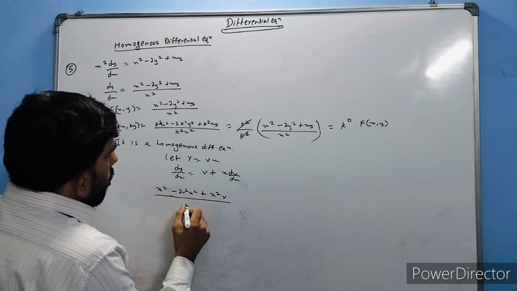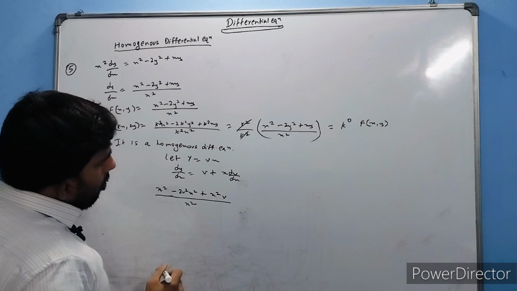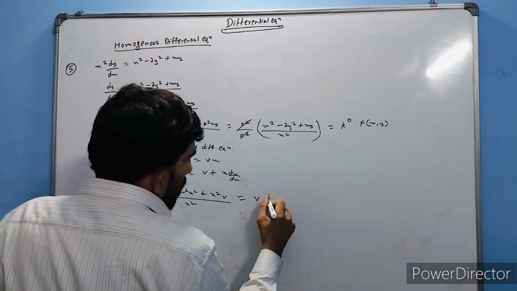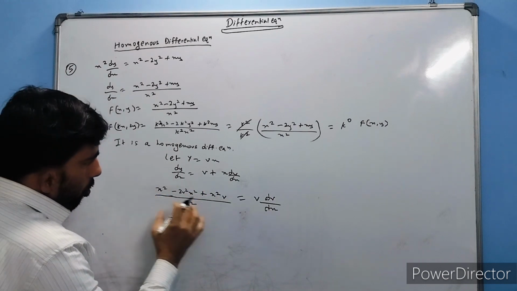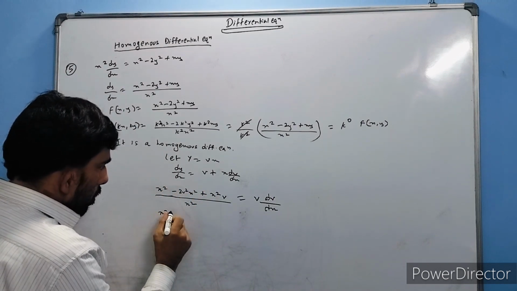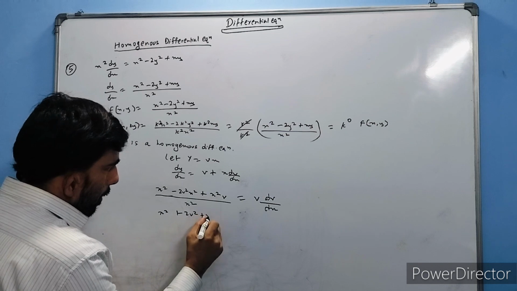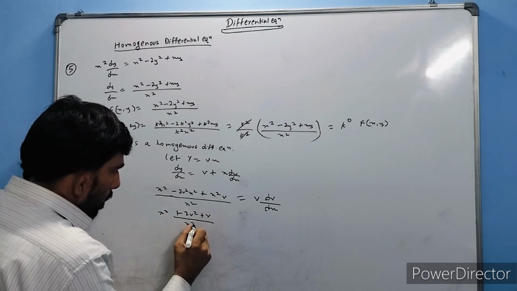We can take x square common and eliminate it, so we get 1 minus 2v square plus v.